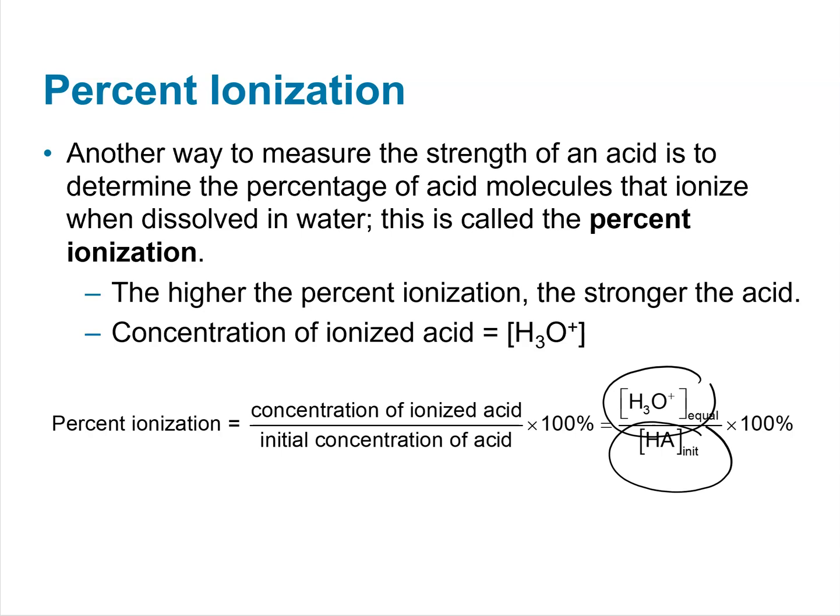If you know how much acid you've added to the water, you can then take the pH. From the pH, you can convert that, pH equals negative log concentration of protons, find your concentration of protons or hydronium at equilibrium, and then divide that by your initial concentration, which you set, and then you'll know what the percent ionization is.